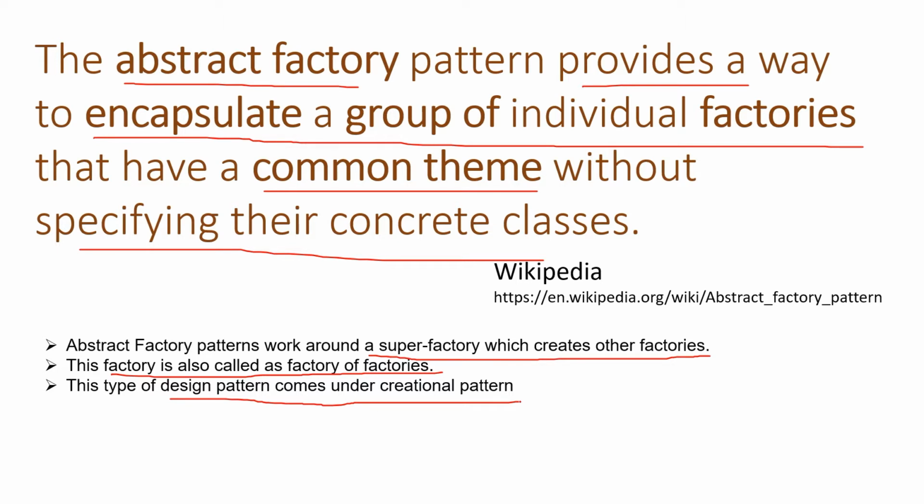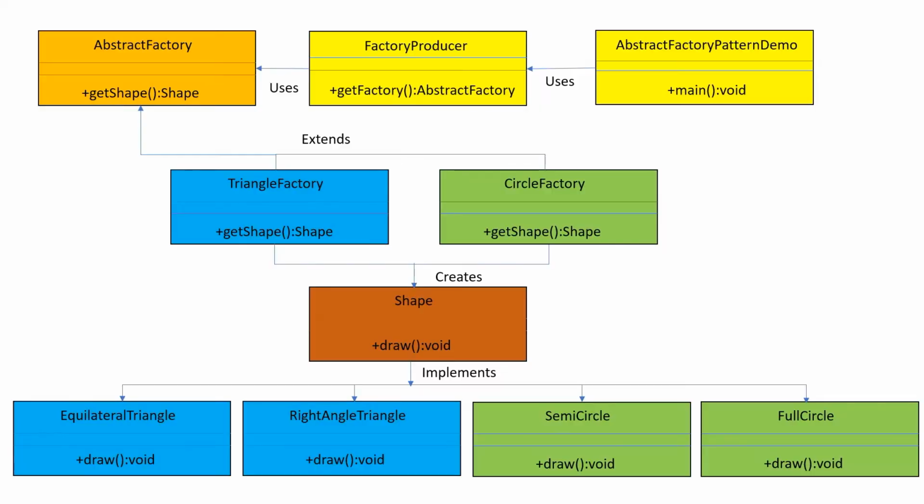Now let's try to implement this abstract factory pattern using an example. So in this you can see I have taken some example. Let me go through these block diagrams. If you are seeing, this yellow one is nothing but a driver for that abstract factory design pattern. In this we have a factory producer also.